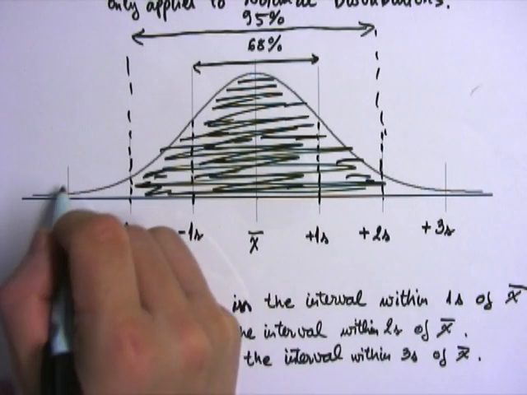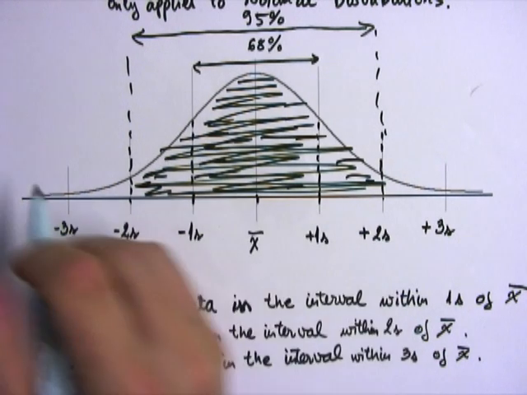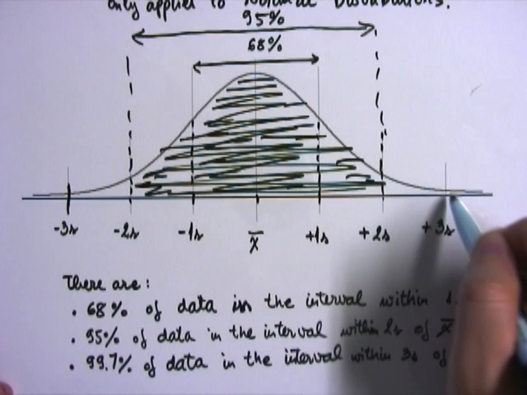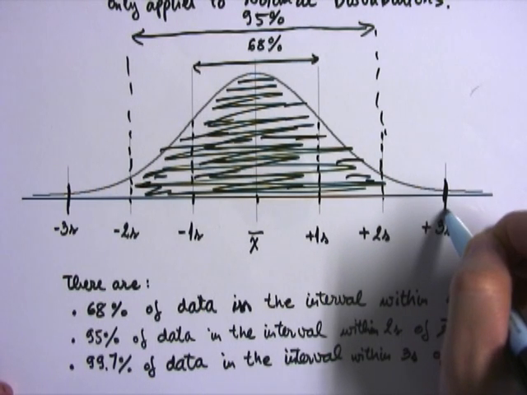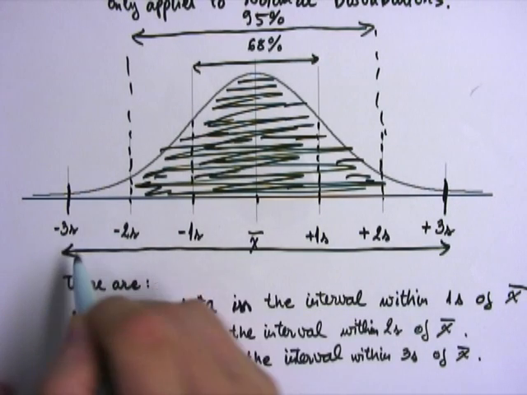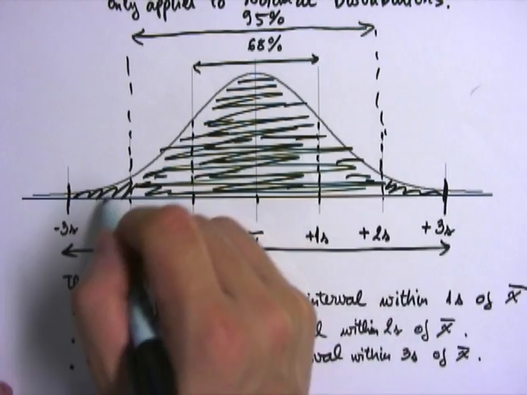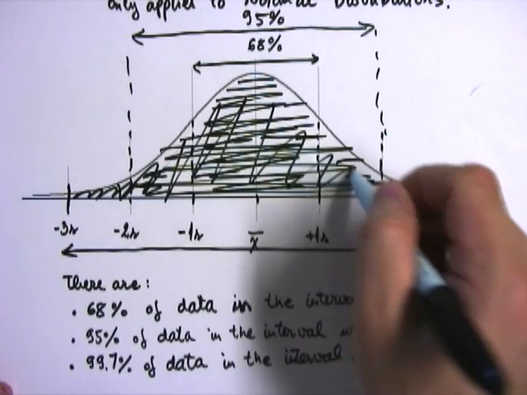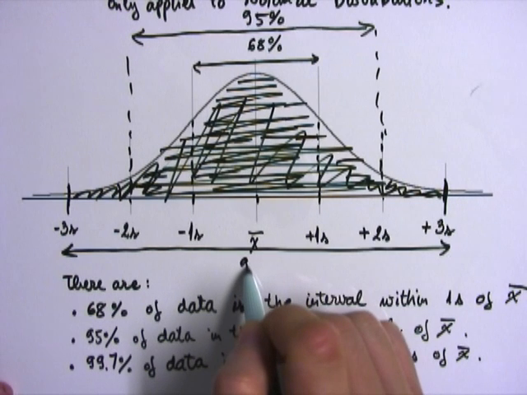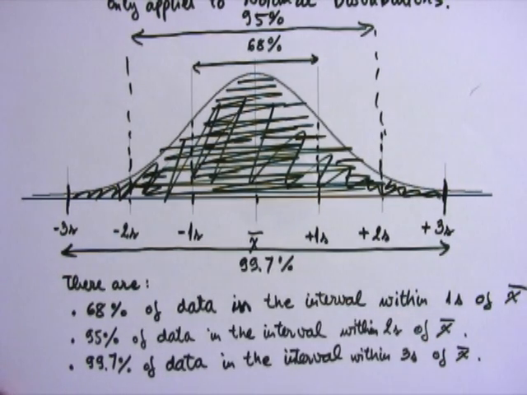Centering at the mean, we're looking at the interval that starts from 3 standard deviations below the mean up to 3 standard deviations above the mean. That long interval right here. As you can see, my shading extends all the way through, so I have a huge shading right here. All that shading contains approximately 99.7% of all data.